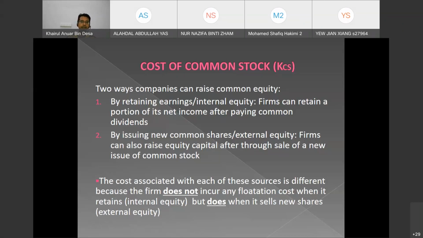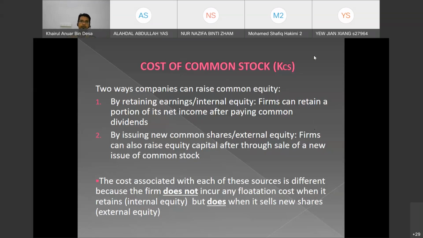Number two, our company issues common shares, meaning external equity. We can list our shares on Bursa Malaysia, the stock exchange, or we can sell directly to the public.